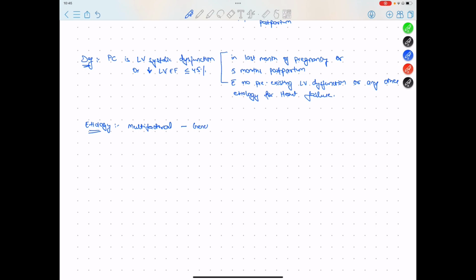That is genetic predisposition, nutritional deficiencies, autoimmune process, viral myocarditis, and hypertensive disorders of pregnancy, that is preeclampsia and eclampsia.